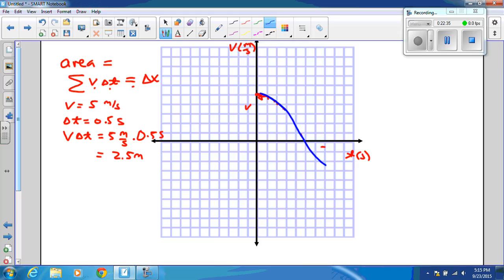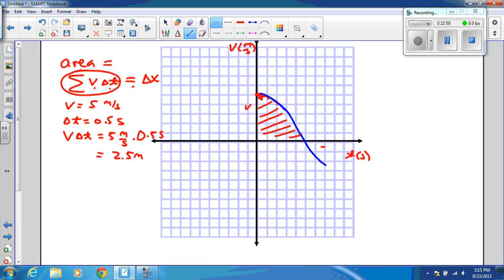Now that got kind of messy, so let's come back and make it a little bit cleaner. My curve again. The area under the curve represents the displacement during that time interval, and we write that area as the sum of velocity times delta t.